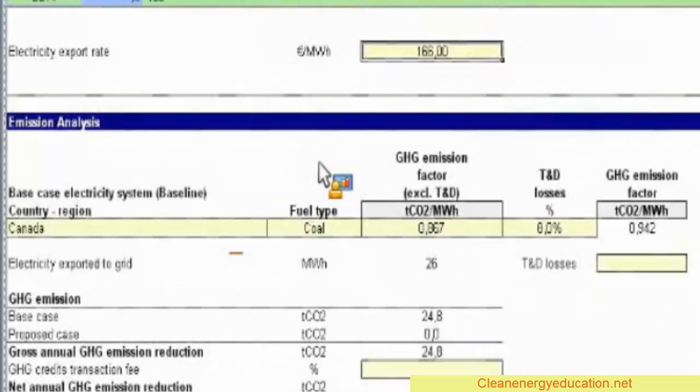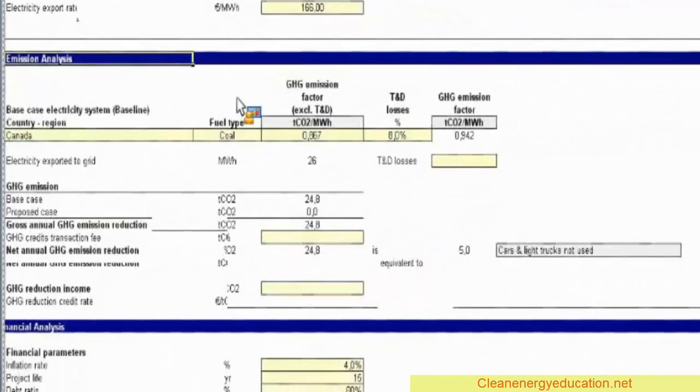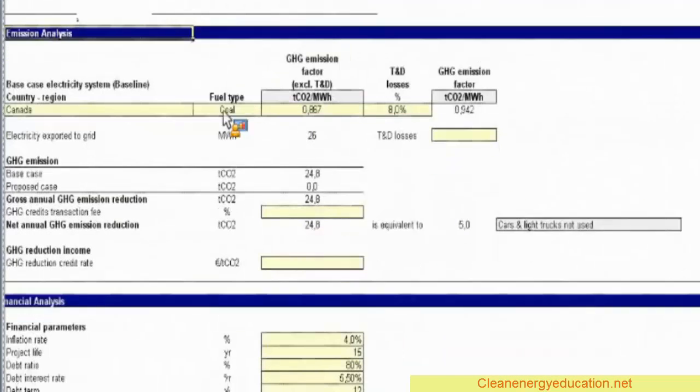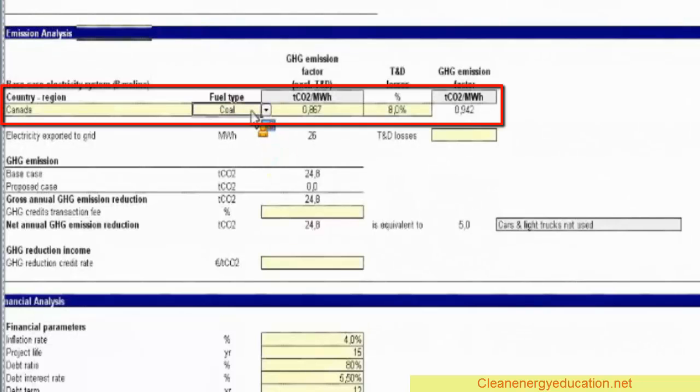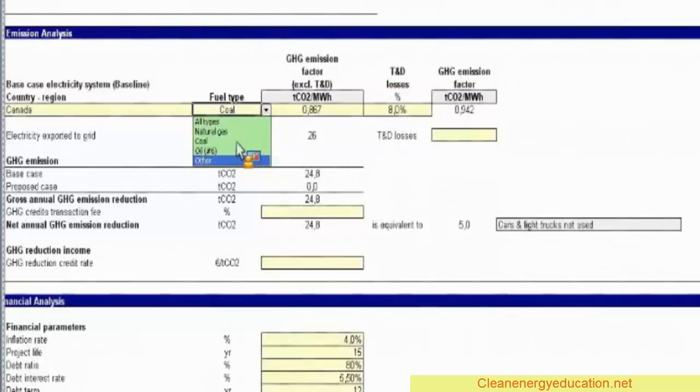Base case system, this is emission analysis. As for emission analysis, we have the possibility to compare what the avoided emissions will be. In this case we can choose what kind of fuel is the alternative one.